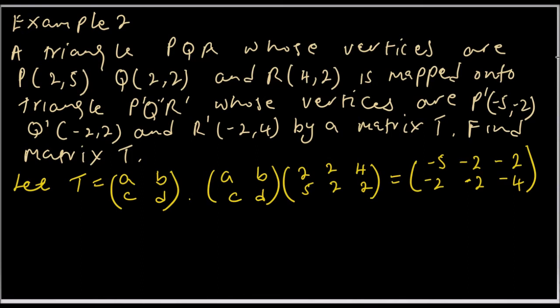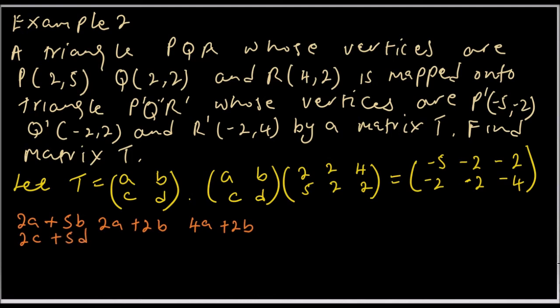So when you multiply A by 2, that should give you 2A, and B multiplied by 5, we have plus 5B. Then we have 2A plus 2B. Then we have 4A plus 2B. The other row we will have 2C plus 5D.